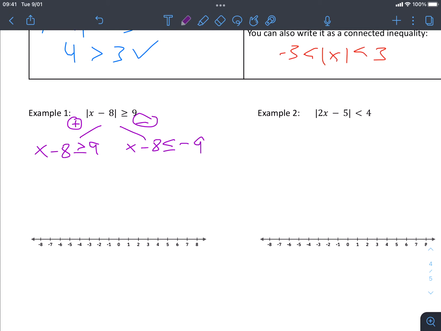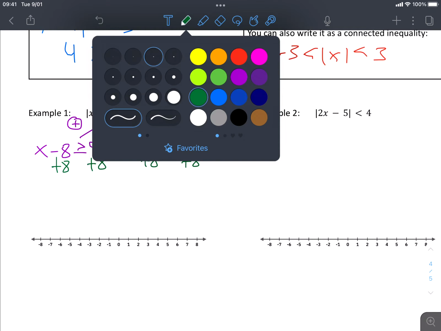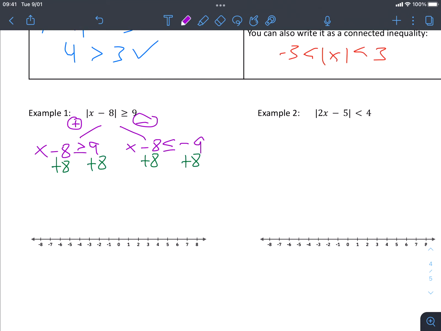From here, I need to solve by adding 8 on both sides here and doing the same on both sides here. So you see it's very, very similar to absolute value equations that we just did, but now we are dealing with inequalities. So 9 plus 8 is equal to 17, and on this side, negative 9 plus 8 is equal to negative 1.